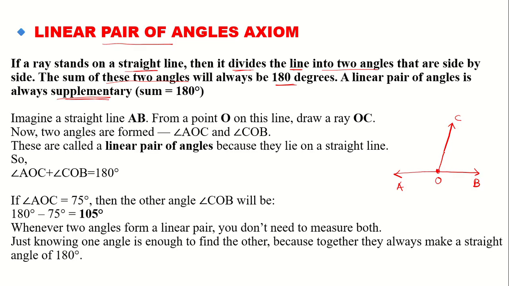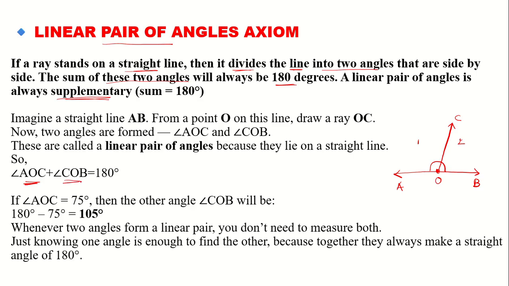Now this ray OC creates two angles on this straight line. The first angle is angle AOC, and the second angle is angle COB.